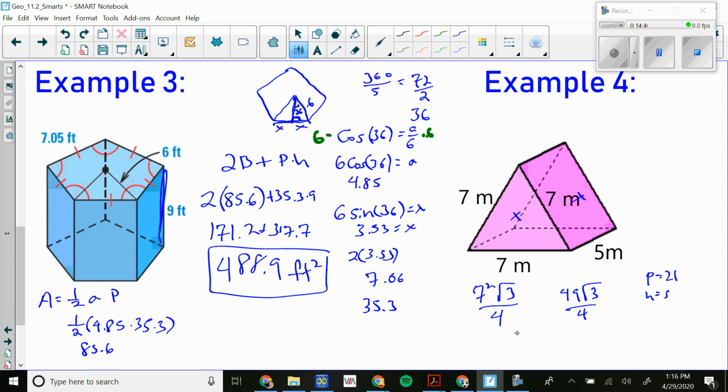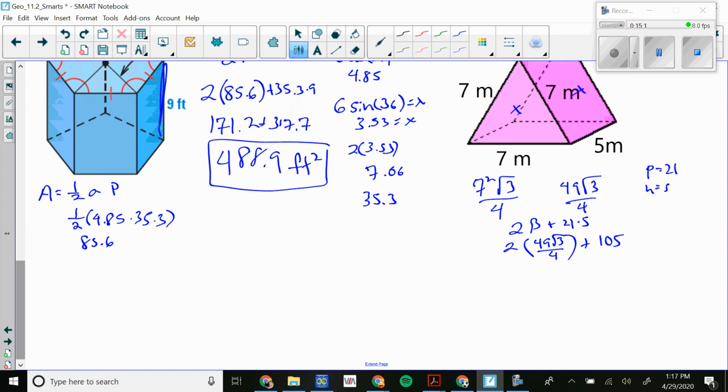We need the formula 2 times the base plus the perimeter, which is 21 times 5. And our base is going to be 2 times 49 square roots of 3 over 4 plus 21 times 5 is 105. And we can do this right here.